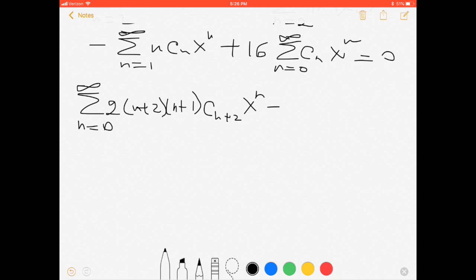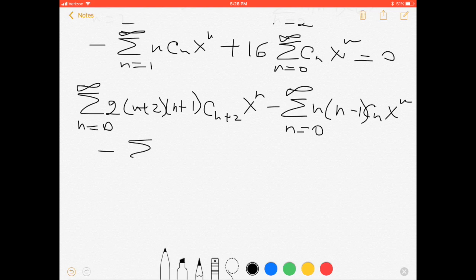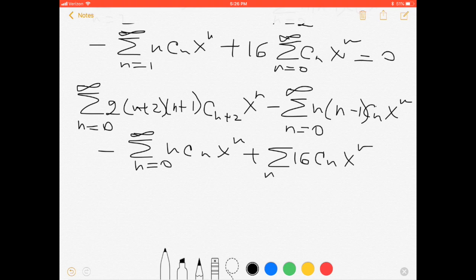Okay, minus the series Cn x to the n, from 0 to infinity, minus the series n Cn x to the n, 0 to infinity, and plus the series 16 Cn x to the power n, from 0 to infinity, equals 0. This means we have this kind of equation.